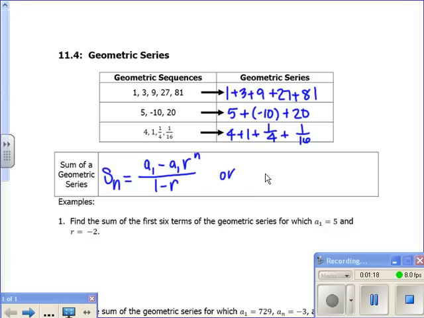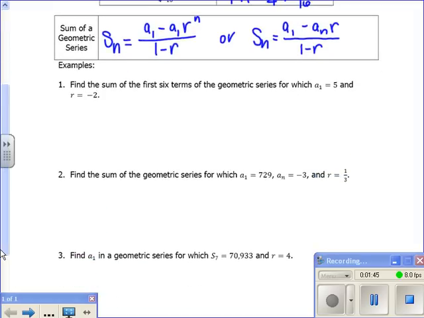Or, because of course we have to have two formulas, S sub n equals a sub 1 minus a sub n times r, all over 1 minus r. Now you're going to see that the difference in these two formulas is that here you don't have an a sub n, and here you do. That's basically your difference, okay?